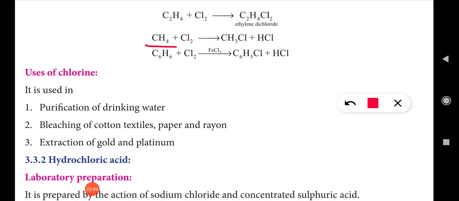So this is methane. When methane reacts with chlorine, it forms methyl chloride and HCl. This is benzene. C6H6 is benzene. When it reacts with chlorine, it forms chlorobenzene, C6H5Cl, and HCl.